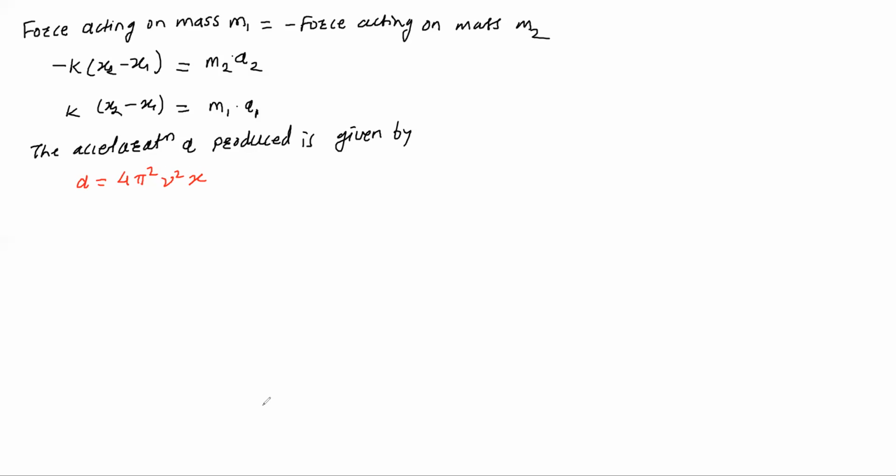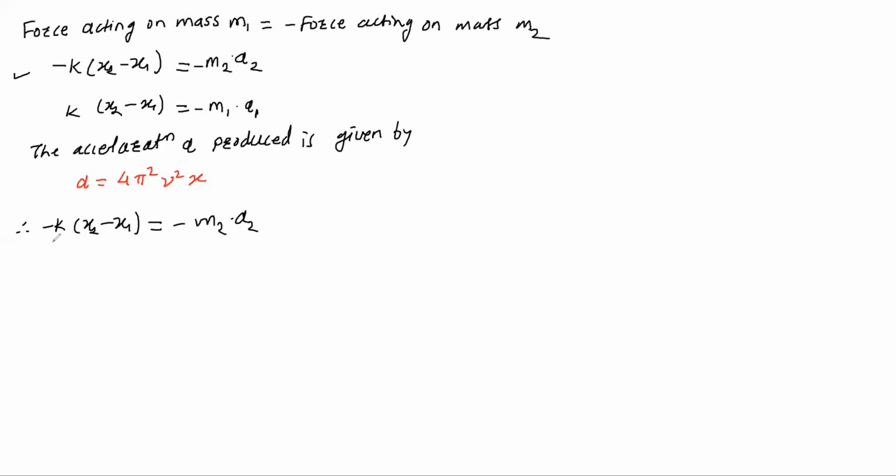So let's solve the equations one by one. Now here we have to solve the first equation, that is minus k times (x2 minus x1) is equal to, actually there is a correction here, the minus term, minus m2 a2.